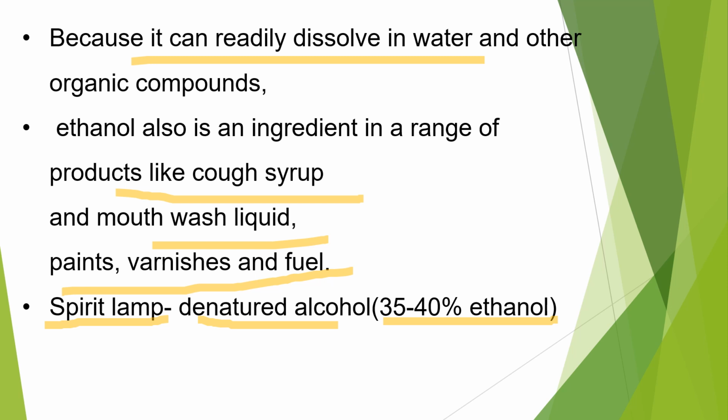It is ethanol only, but it is made unfit for human consumption by adding some chemicals called denaturants. Generally, the denaturant used is methanol, because methanol is highly toxic. So one cannot consume this spirit.